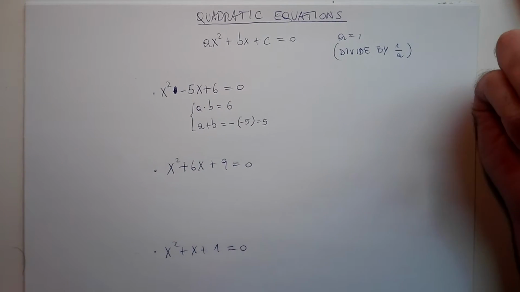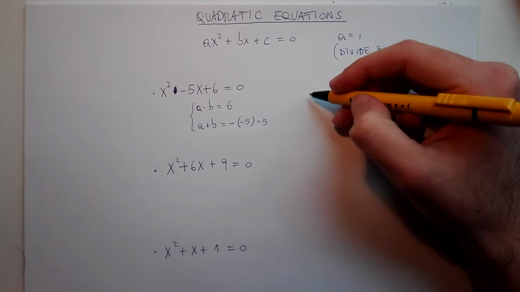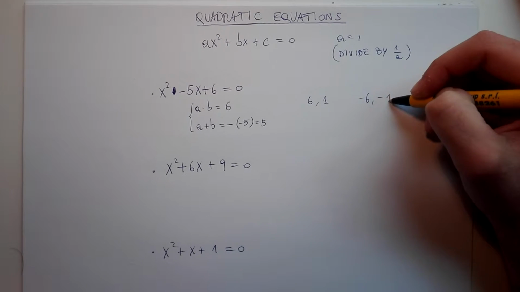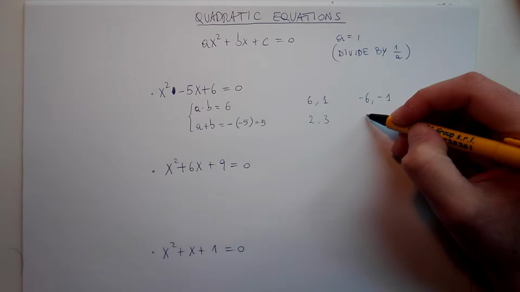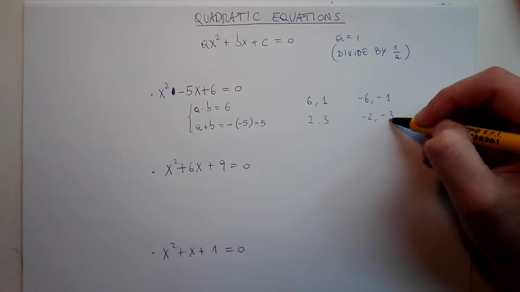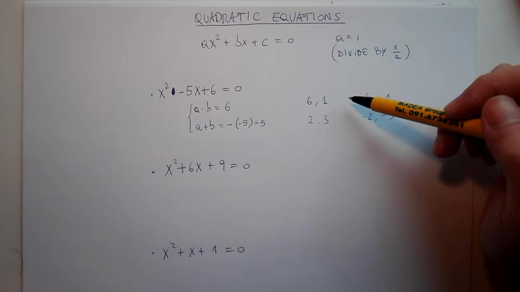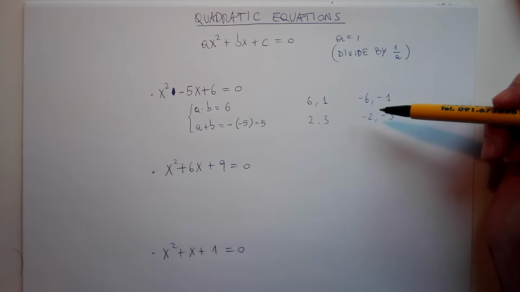There are many combinations of numbers that can do this, but the easiest ones that we think of are 6 and 1, minus 6 and minus 1, 2 and 3, minus 2 and minus 3. These are four combinations of numbers whose product is 6, but now we have to check that their sum is 5.